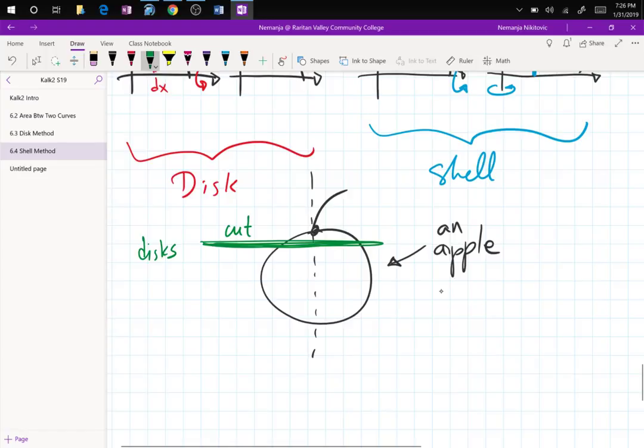Now, if you are to take that apple with a hole through the middle and cut this way, you're going to get discs, right? Like CDs. Don't try to play them. But you can also take a knife to the same apple and cut this way, in which case you get shells.